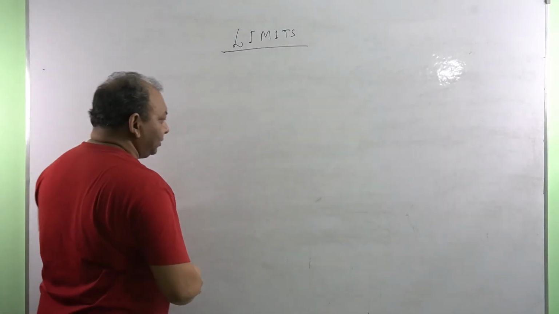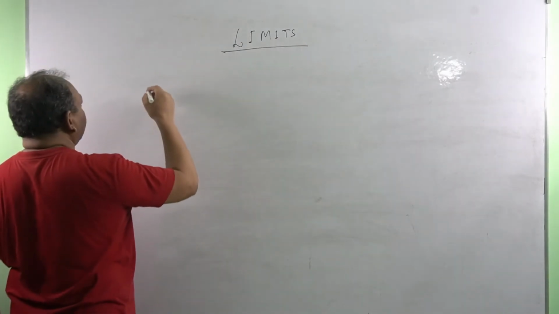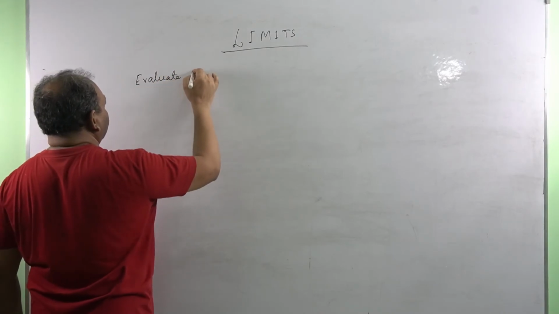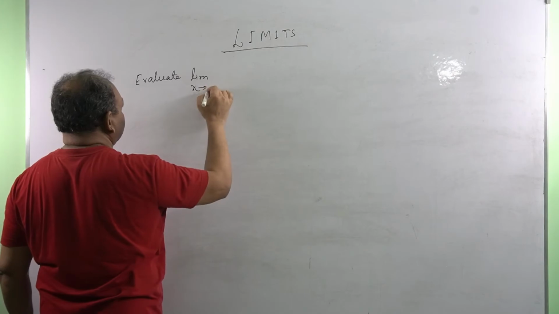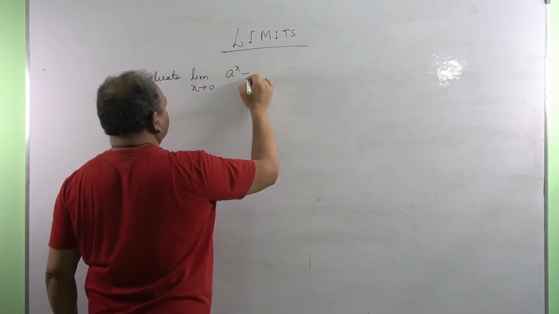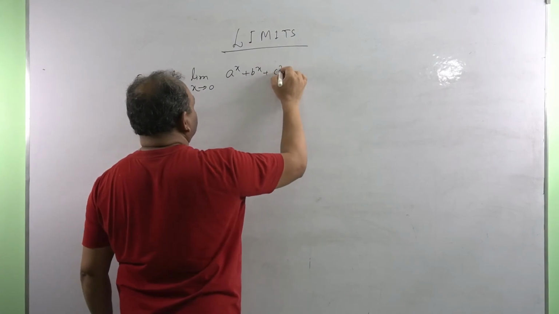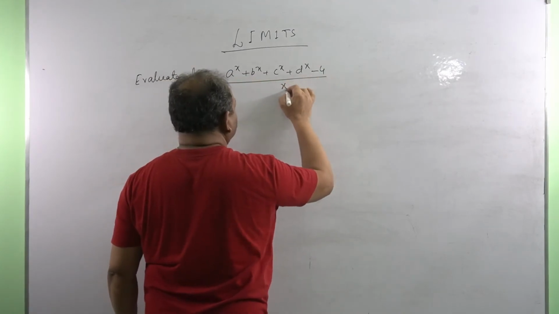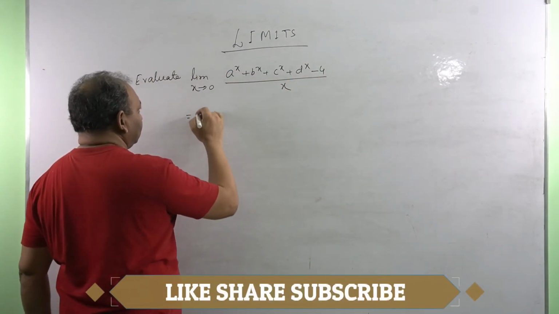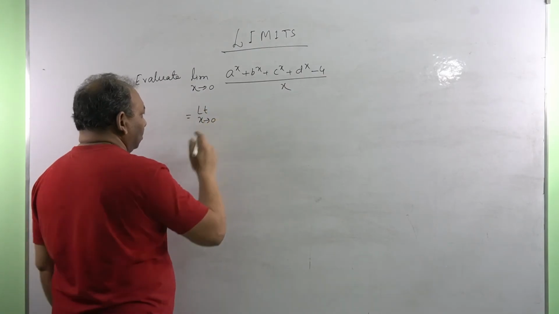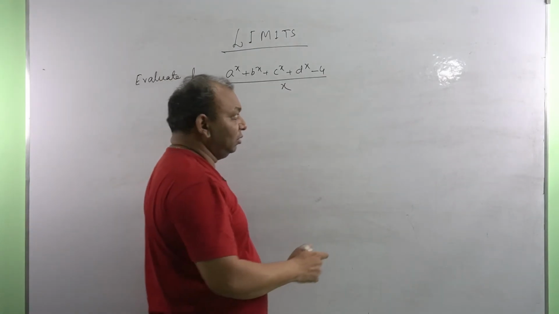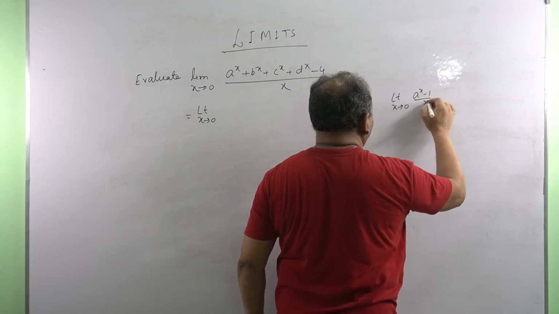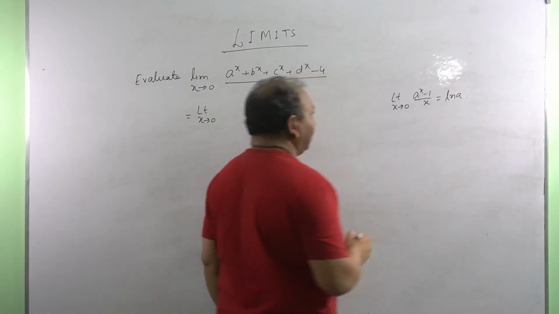Let's take some more examples. Evaluate limit x tends to 0 of (a raised x plus b raised x plus c raised x plus d raised x minus 4) divided by x. First of all, arrange this question in the form of limit x tends to 0 of (a raised x minus 1) by x, and write the answer.